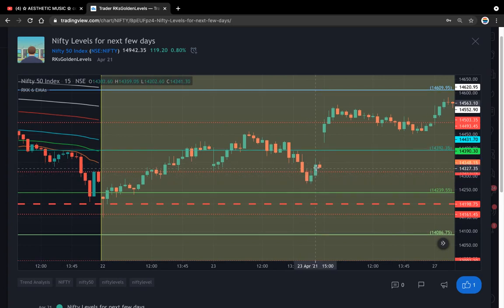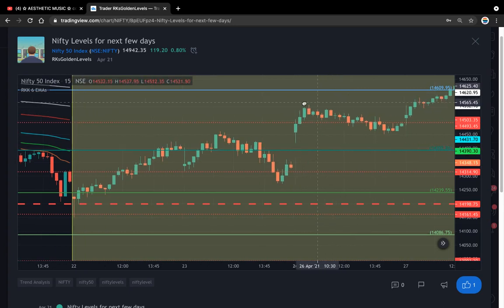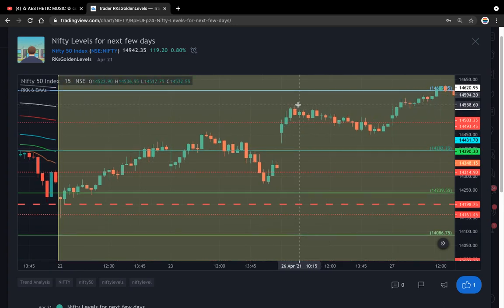When it reversed above and gave a good closing above this level, it again next day opened over here, so we achieved two levels target and half of these levels, so 2.5 levels target achieved. Then it took resistance from 50% of levels and again 50% of these two levels and reverts.